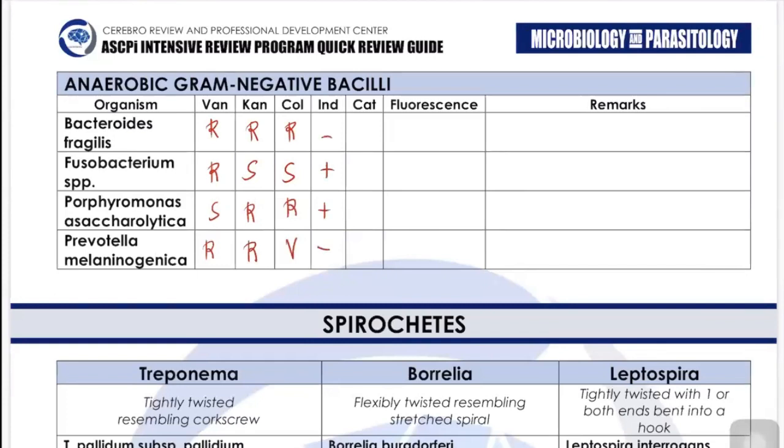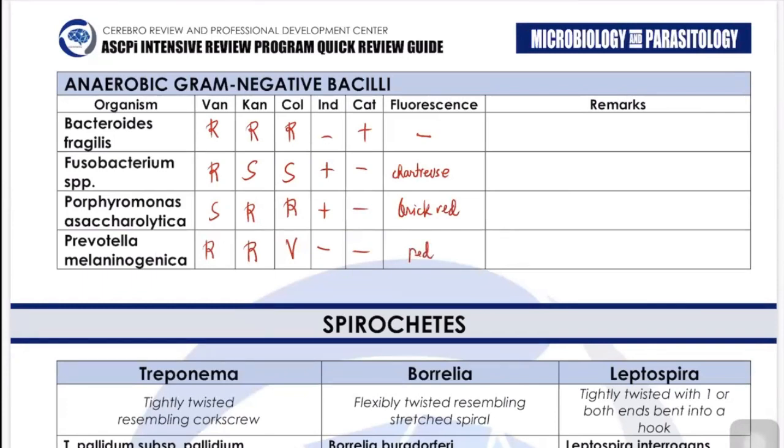And only Bacteroides fragilis is catalase positive. Now, the other three, except for Bacteroides fragilis, are fluorescent organisms, so no fluorescence for Bacteroides. Fusobacterium species usually has a chartreuse fluorescence, brick red fluorescence for Porphyromonas, and red fluorescence for Prevotella.